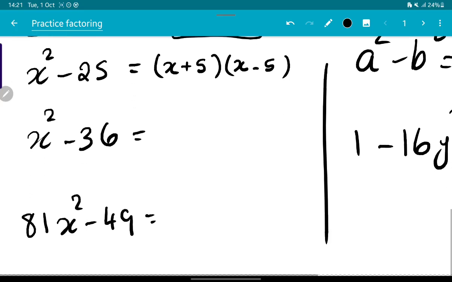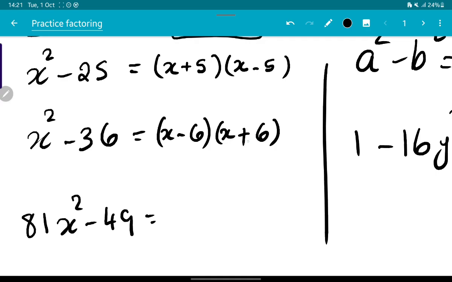Difference of two squares, a different example. x squared is x times x, 36 is 6 and 6. You can write negative or positive in any order.